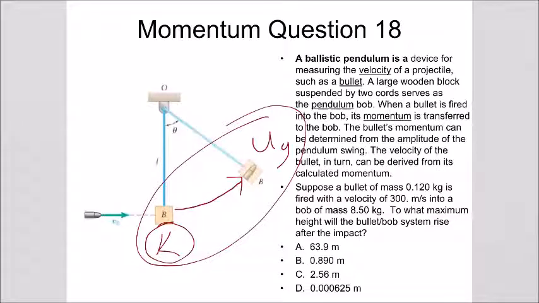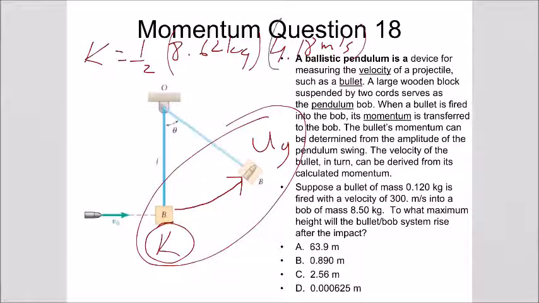And we'll calculate that using K equals 1/2 mass. So this is the mass of our bullet bob system, 8.62 kilograms, times the velocity that we just calculated squared. Do the math on that, and that gives us 75.3 joules.